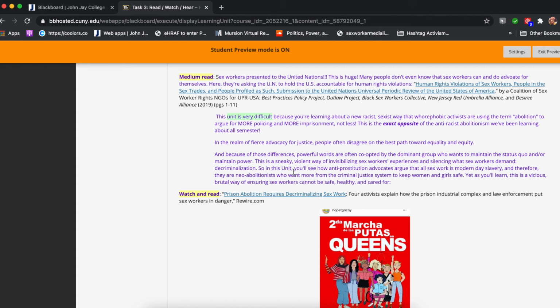Now, this gets really weird and confusing because those people who want to abolish prostitution are doing so by calling for more police and more policing, for more laws, and there's been hundreds of new laws passed around sex trafficking over the past 20 years across the United States that are used to police and arrest and imprison people who are engaging in the sale of sex. So it's really the exact opposite of the anti-racist abolitionism we've been learning about.